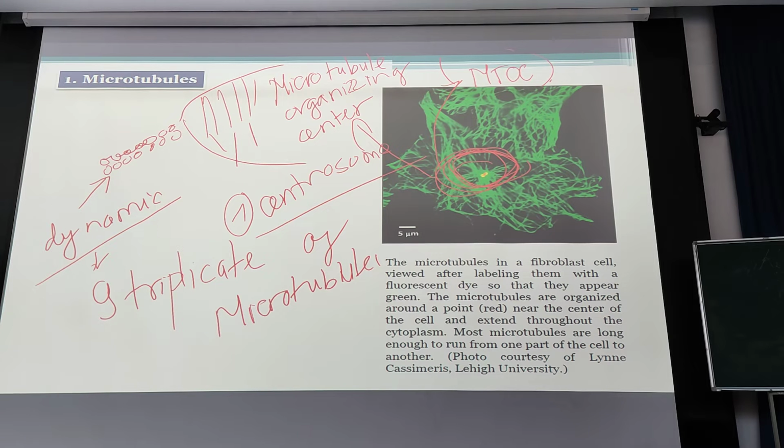So nine triplets of microtubules make a whole tube, and this tube we call the centriole. Two centrioles make the centrosome. And this is the point that all the microtubules inside the cells attach to. There is a second type of microtubule organizing center.